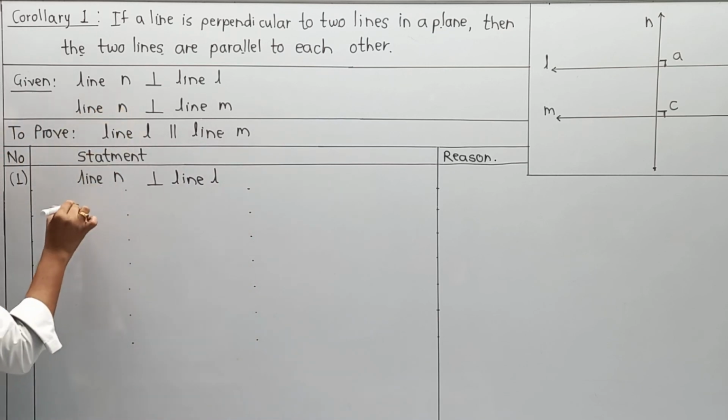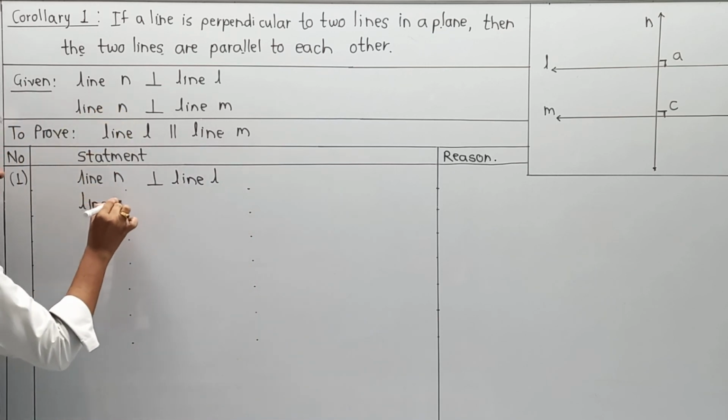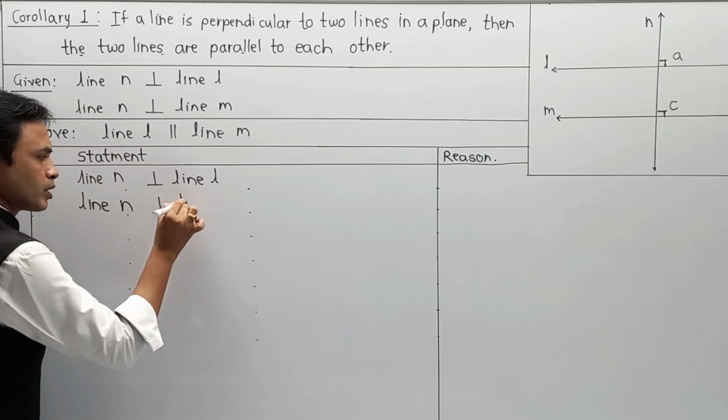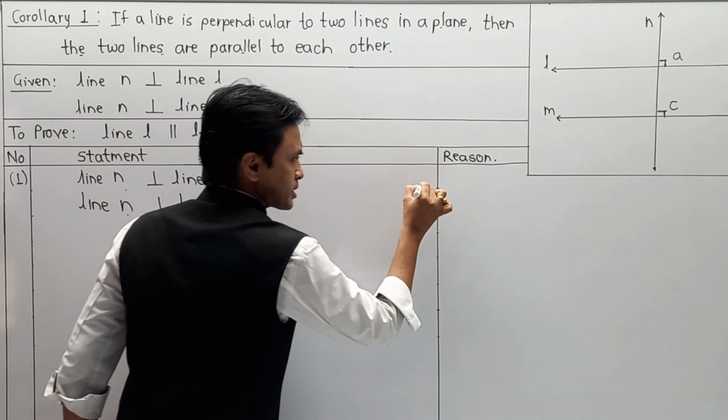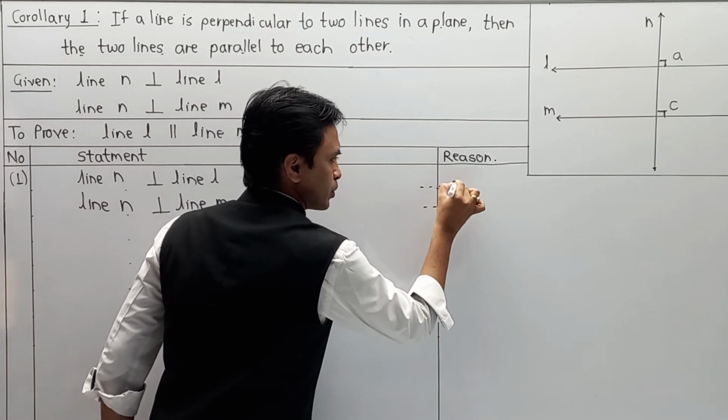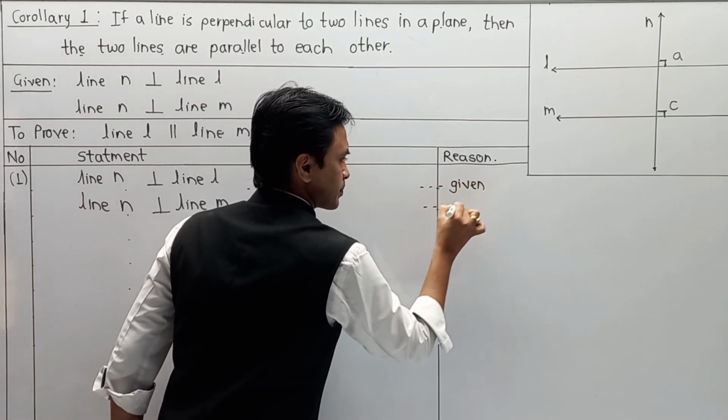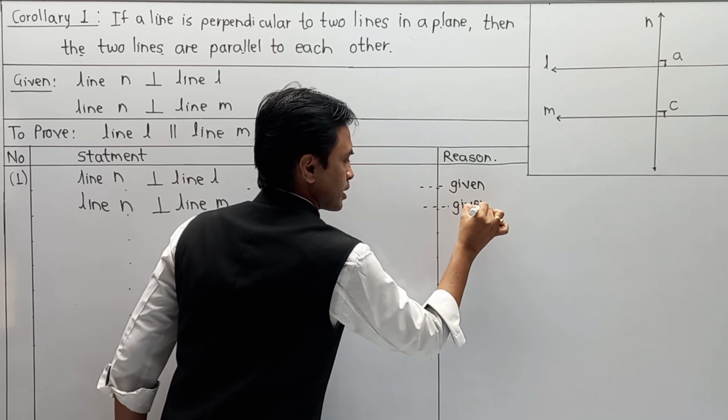Also we have line N is perpendicular to line M. Both parts are given. So I am going to write the reason over here for them as given.